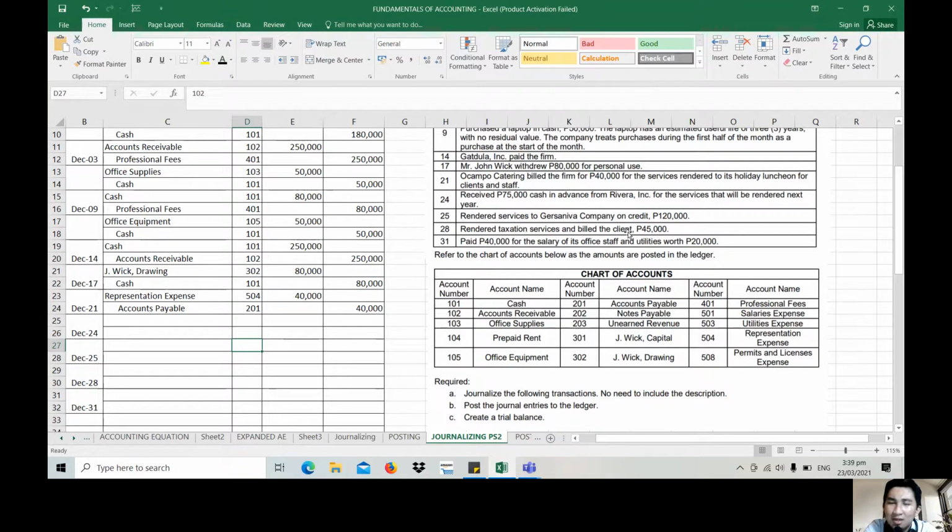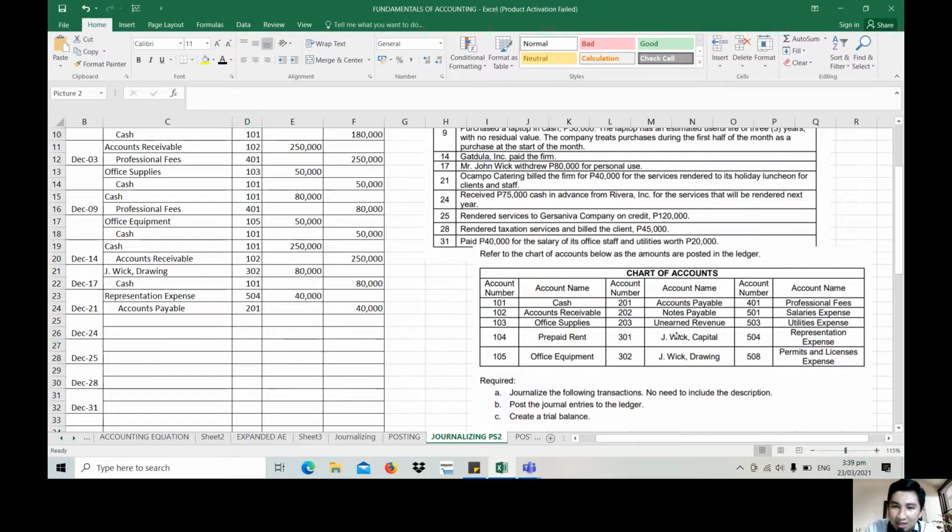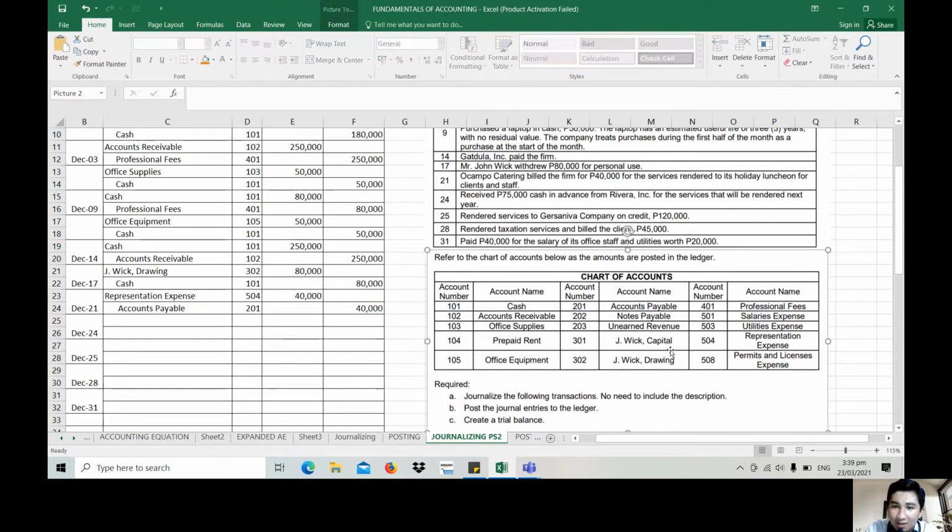Okay? Paano ma-consider na earned? When the services are rendered or the products have been sold. Pero here, na-render na ba ang service? No, sir. So therefore, ang treatment natin dito is hindi professional fee or income, but rather a liability. Therefore, we are going to consider it as an unearned revenue.